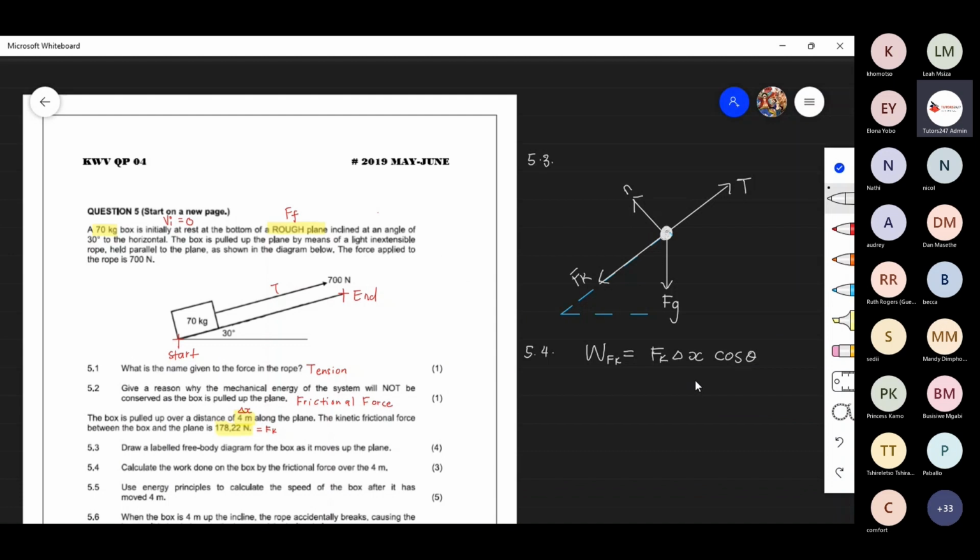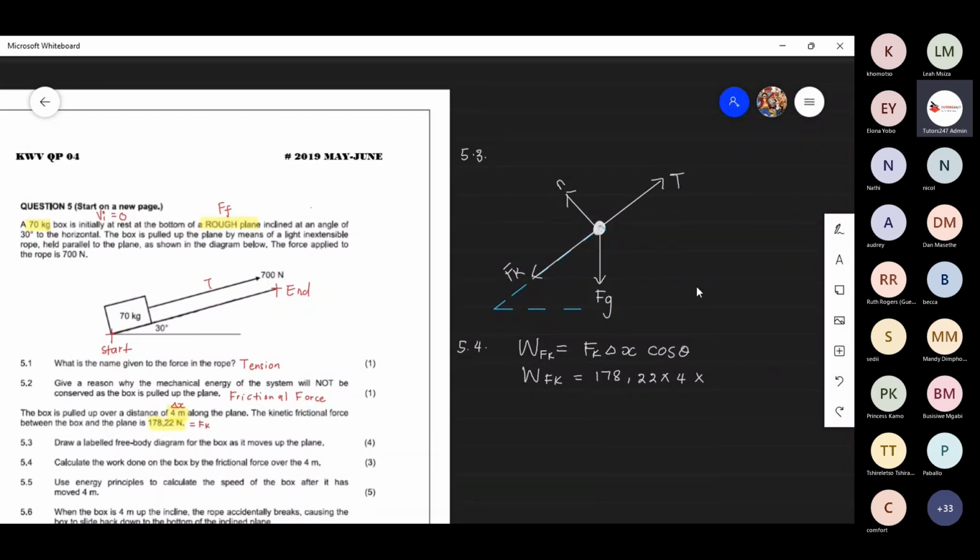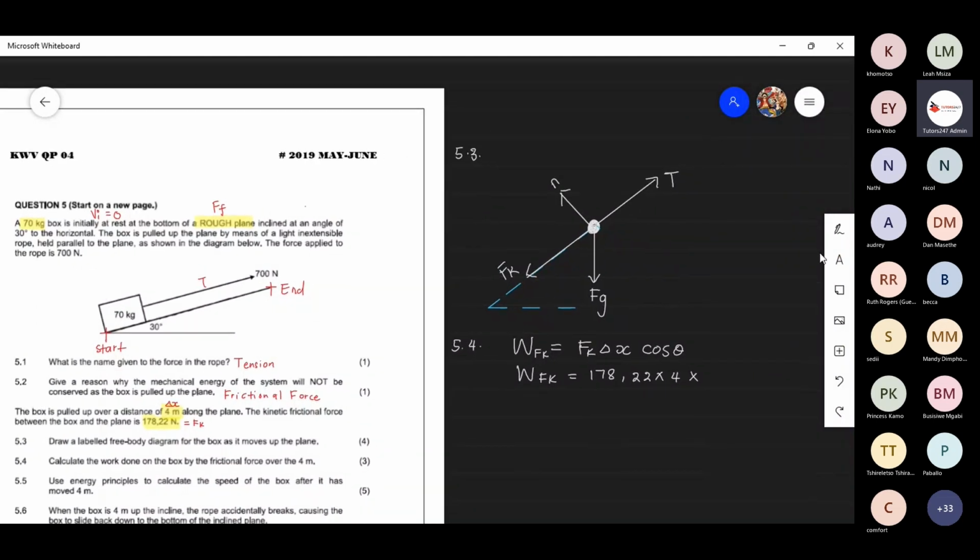Let's quickly substitute. So we have work done by kinetic friction is equal to 178.22 newtons times a displacement of 4 meters times cos of an angle. Now, what is that angle? How do we find the angle theta?